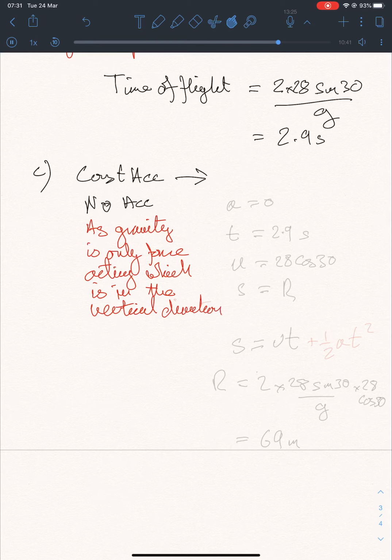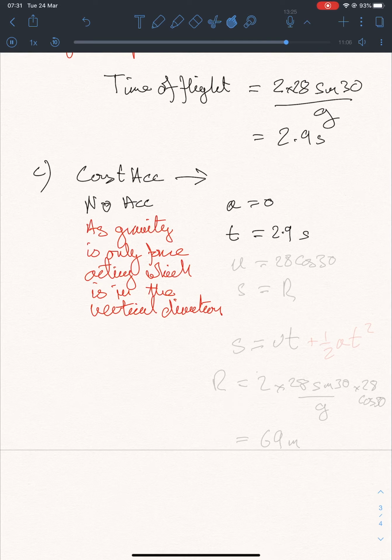That's the key. As long as we've got that idea sorted, we know that A is equal to 0. We know how long it's in the air for. T is equal to 2.9 seconds. I'll use the exact version of it when I'm calculating it later.